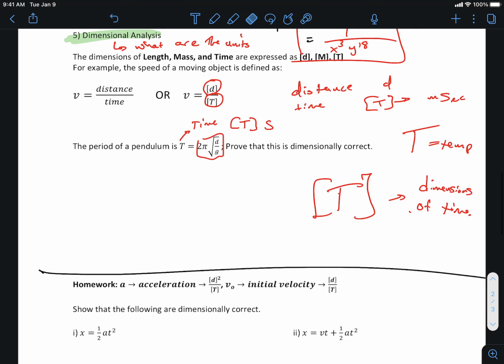It's a useful tool from the standpoint that, if ever you're stuck, and let's say I didn't know what the equation was that I was supposed to use, but you know what it is you're looking for. Like, let's say I know I'm looking for velocity. You know that the units for velocity, and this is why I think teachers, if you guys remember this DVT triangle, right? That's why teachers don't like you memorizing it.